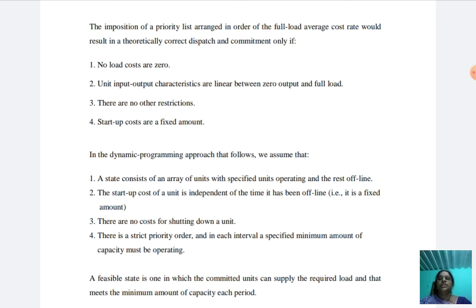What are some assumptions we have to make? First, no-load costs are 0, the input-output characteristics are linear between 0 output and full load, and there are no other restrictions. Startup costs are a fixed amount. These four we have to take. Then next, some more assumptions we made.